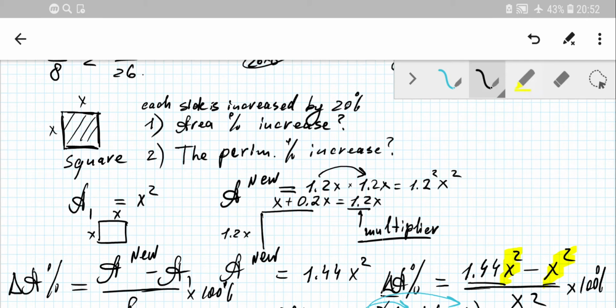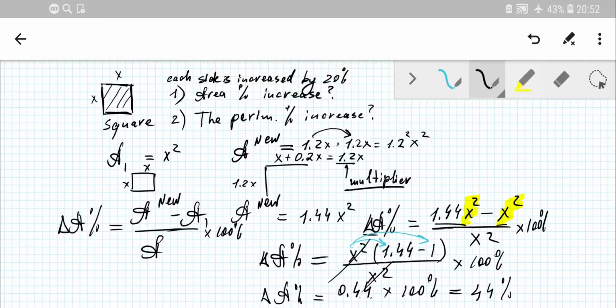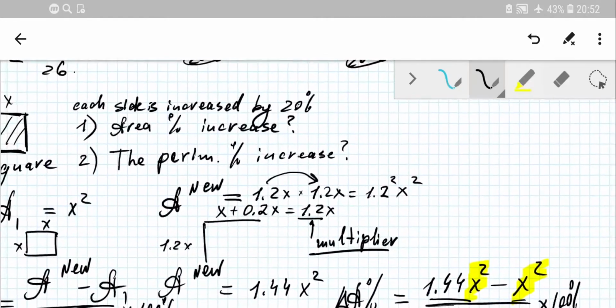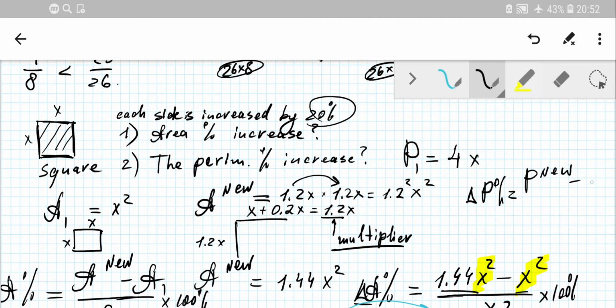Okay, so what about the perimeter increase? Just remember how we calculate the perimeter. First of all, the perimeter is 4x. So that's why you just have a linear increase by 20%. If you want to complete the formula for perimeter change as a percentage, you need to calculate the new one minus the previous over the previous one.